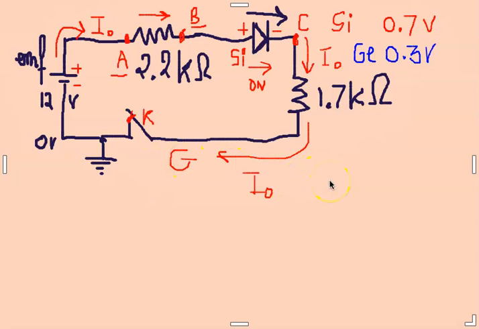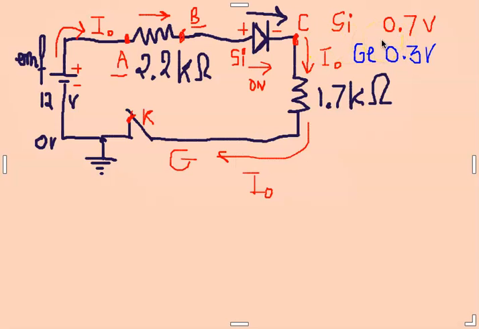So doing a simple analysis, the current is going from the positive EMF, passing through the resistor, 2.2 kilo ohm. We have a drop here, and then passing through the diode. So through the diode, we have a drop.